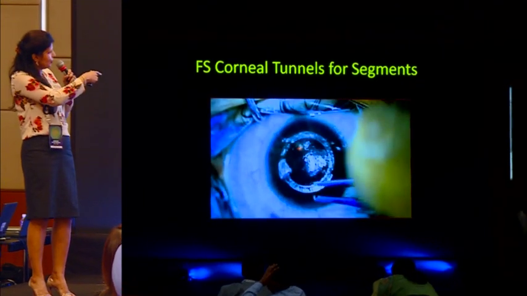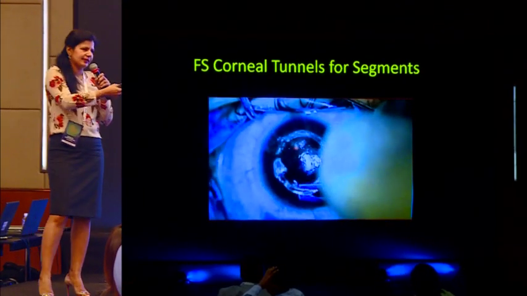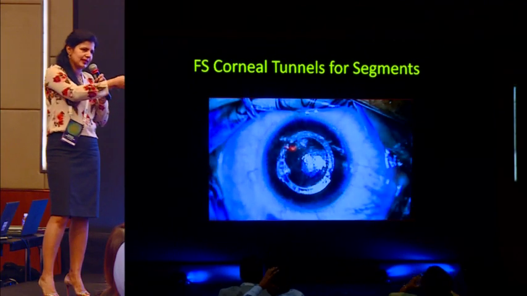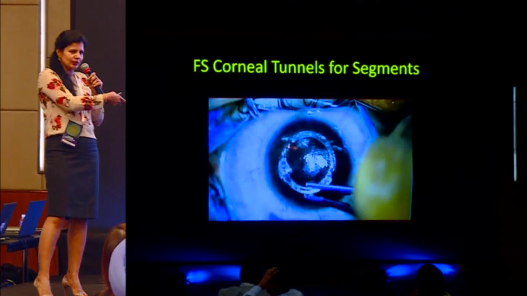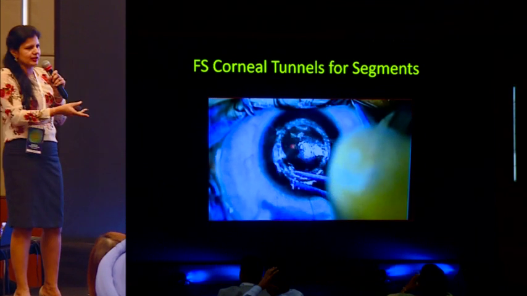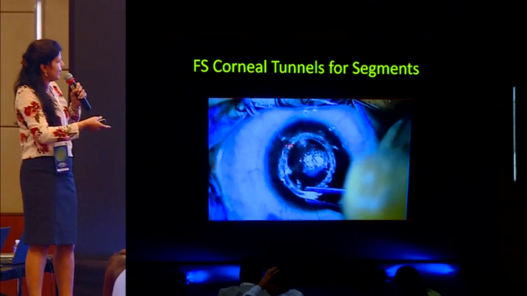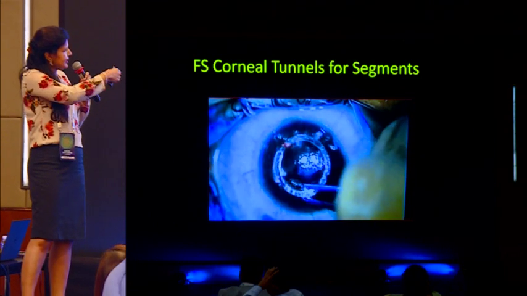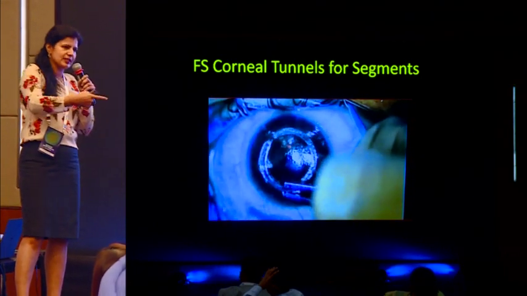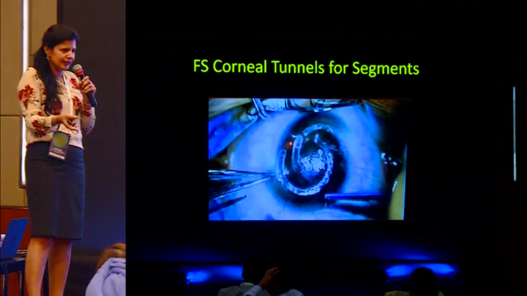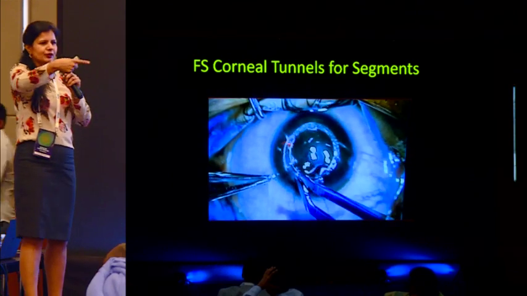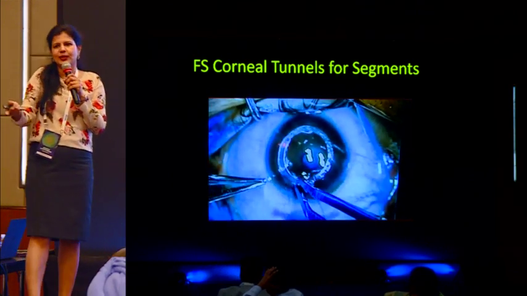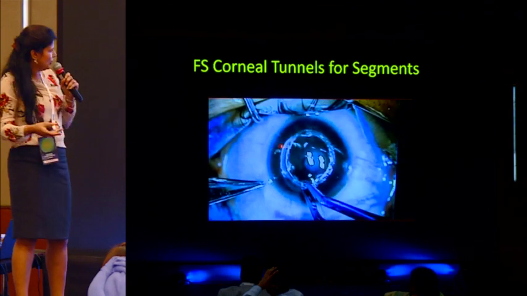You see the instrument going in there and expanding the platform so that the intacts can be factored in. As we know, the minimal depth in that region needs to be 450 microns, and as you push in the intacts, because there's already a plane that has been created, it moves in smoothly, unlike some kind of ruffling of the cornea that you may see when you do it manually.